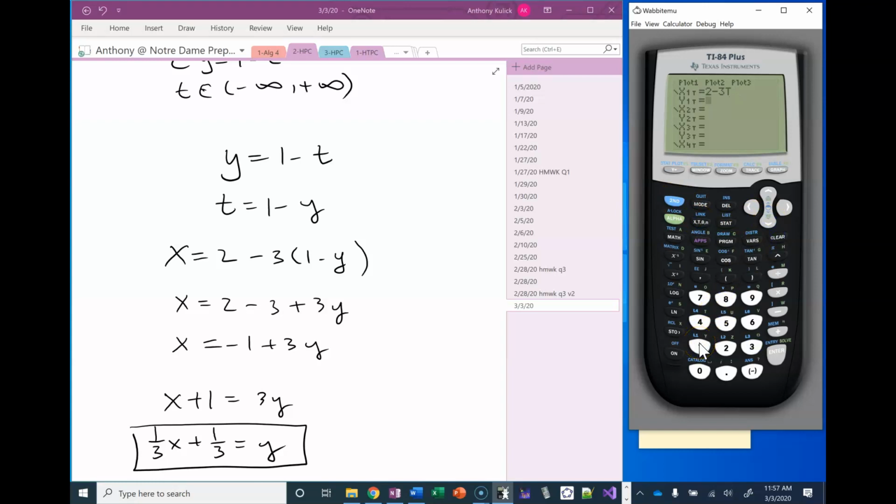And then I'll have 1 minus t. And for my t step, I can't do negative infinity, so I'm just going to pick a very large number, so I'll do -1 times 10 to the 99. And then I'll do +1 times 10 to the 99. I'll use that as a substitute for positive or negative infinity because, as far as our calculator is concerned, that's good enough. Everybody's okay there?